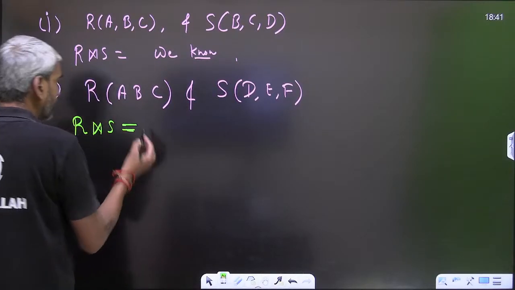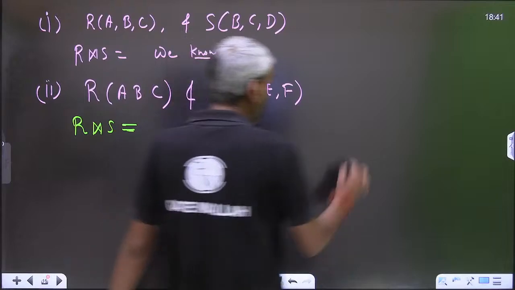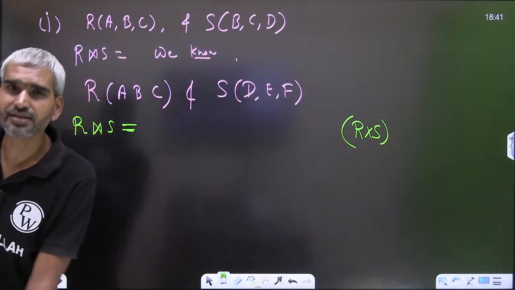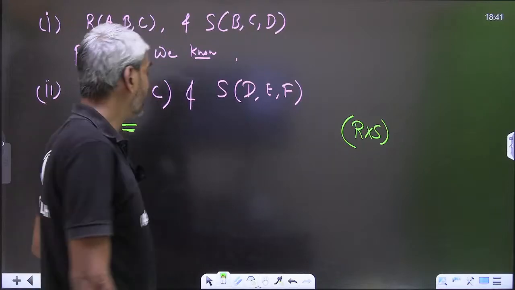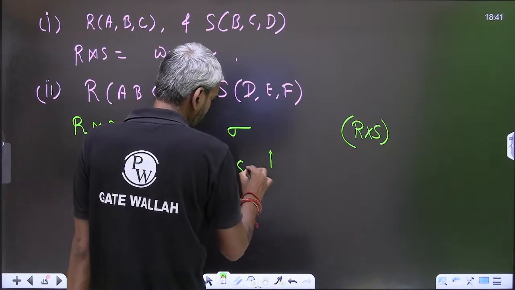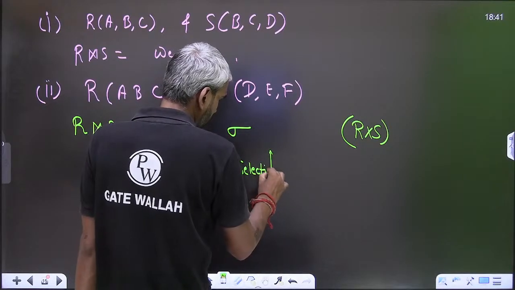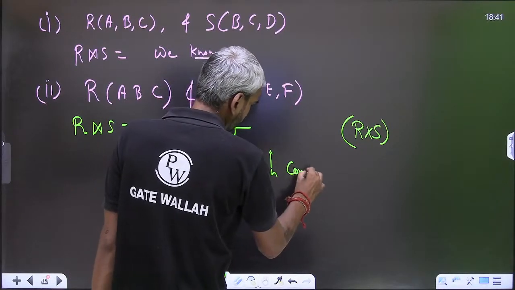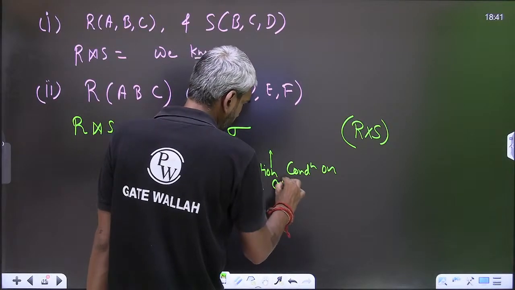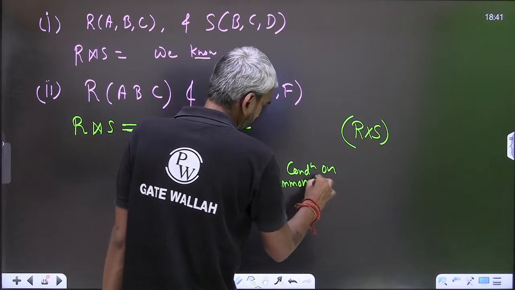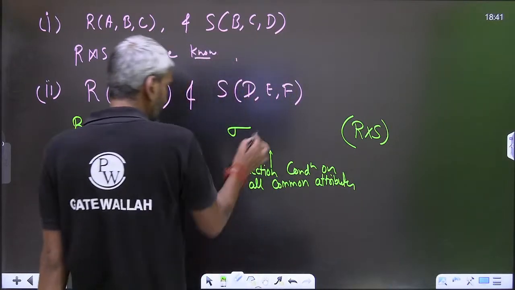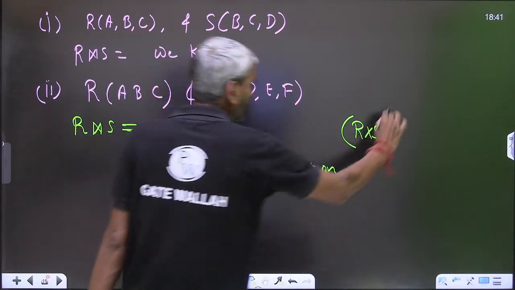If you try to define the natural join of R and S, the very first thing that you will do is perform the cross product of R and S. That's what we do, right? Then the next thing has to be a selection condition on all common attributes.